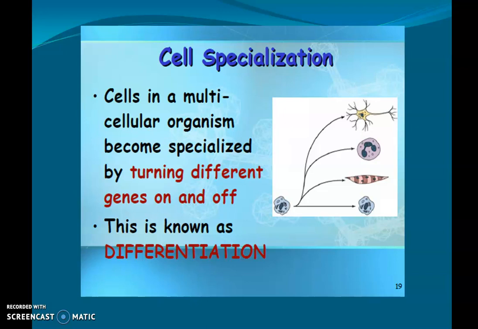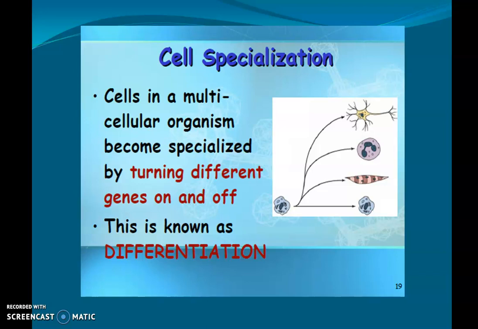And how do they perform these various functions? We know that the zygote is a single cell which divides to form an embryo, and from this embryo cells start to differentiate. From this common cell we have these different types of specialized cells. So cells in a multicellular organism become specialized to perform some particular special functions.